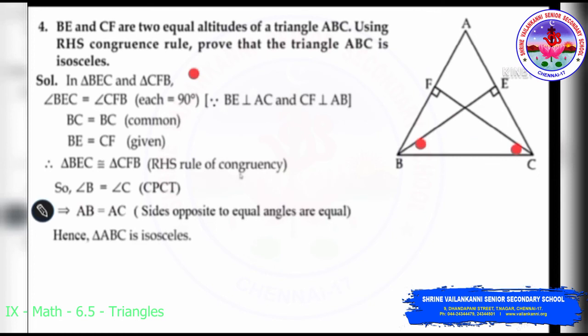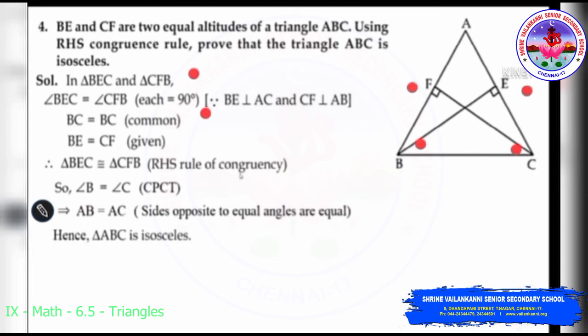Consider triangle BEC and triangle CFB, where we know that BE and CF are equal altitudes and each makes a 90 degree angle with the sides AC and AB. So I am going to use the RHS congruence rule here.